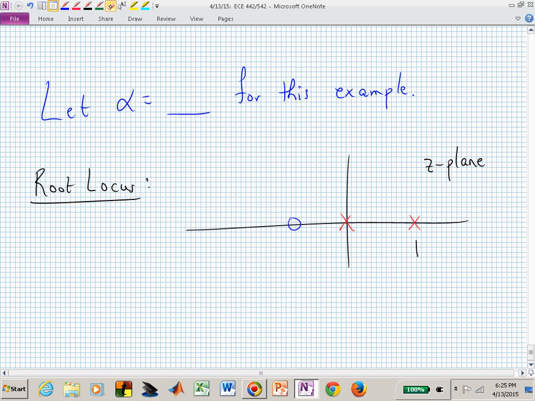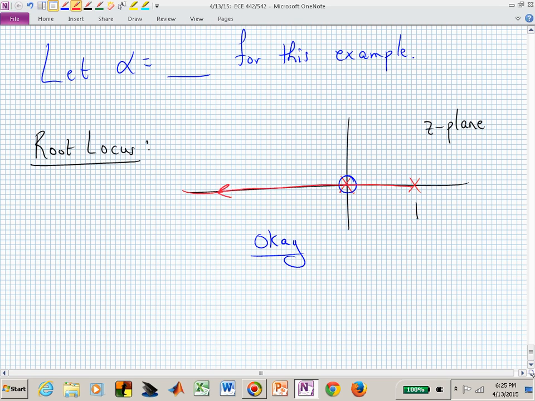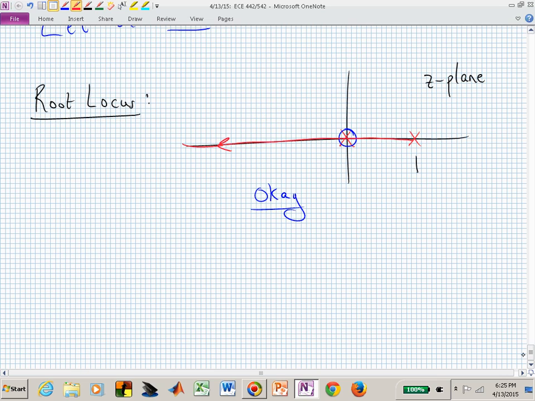So let's say this. That's okay. The root locus would be this. Is there an upper limit on the gain k? Yeah, you don't want to push it outside the unit circle.